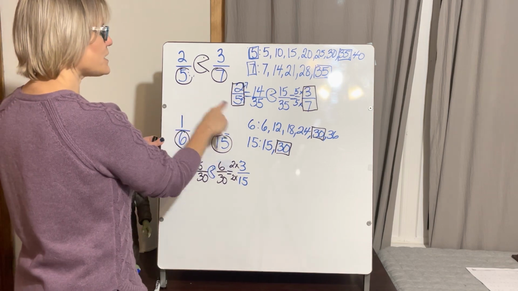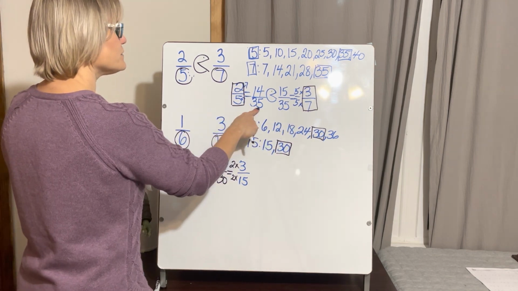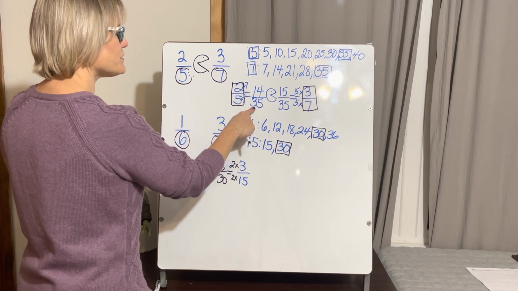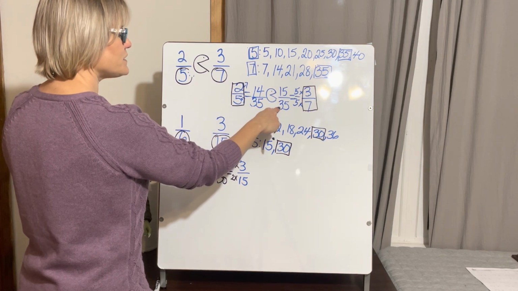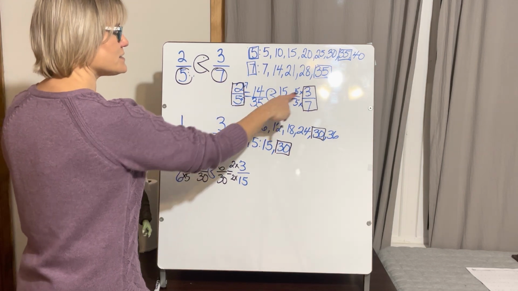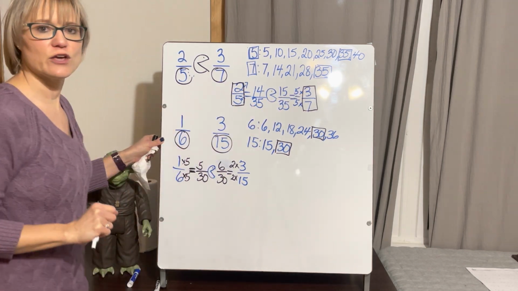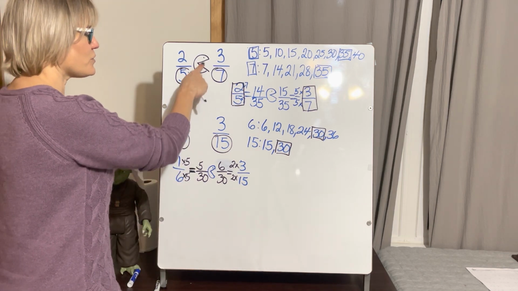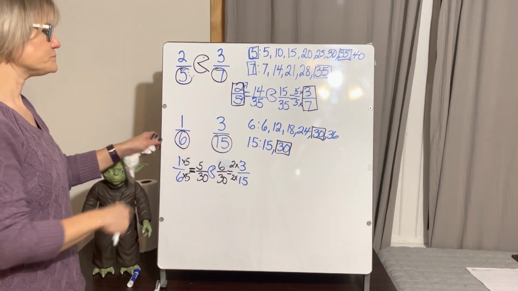And so I can say that 14/35 is less than 15/35, or 2/5 is less than 3/7. So I can go back to the original and write the less than sign there.